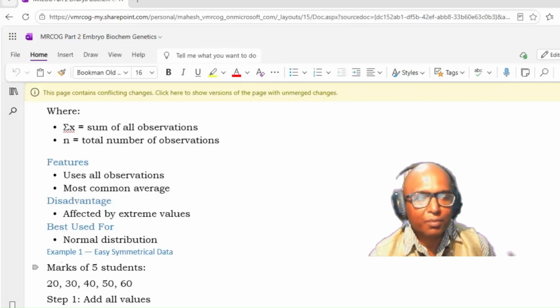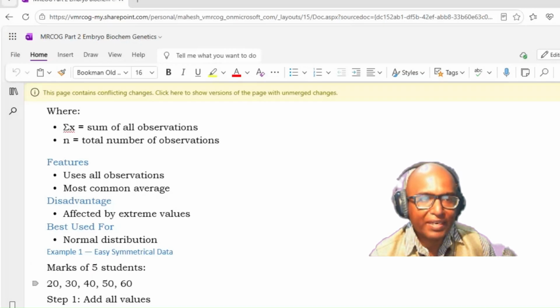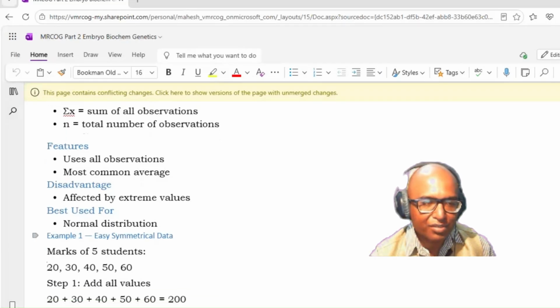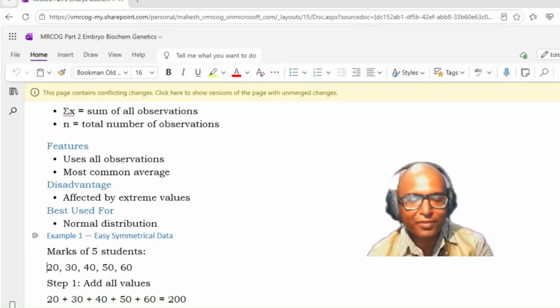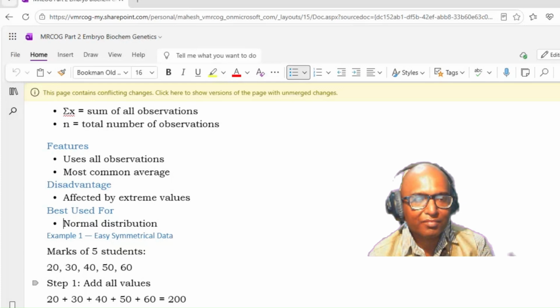Okay, so suppose these are the marks of 5 students: 20, 30, 40, 50, 60. How will you calculate the average? If you have a pen and paper, as I already mentioned, please be ready with the pen and paper. Yes, can you calculate and tell me? Yes, what is the average?